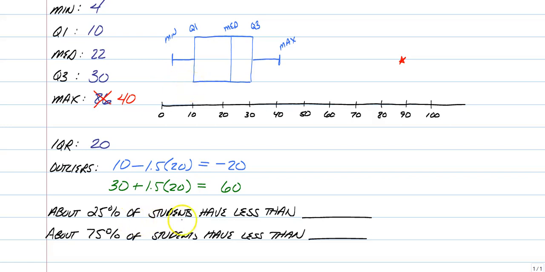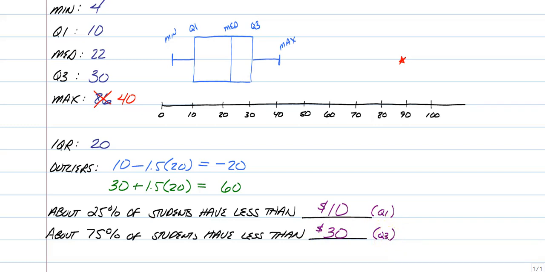So 25% of students have less than, your Q1 would be $10. Okay, so we found that using Q1. Now, if it said 75% of students have less than, you would have to look at the lower 75% to find that they have less than $30. Again, that would be Q3.